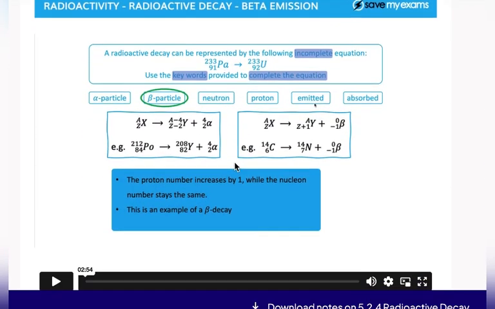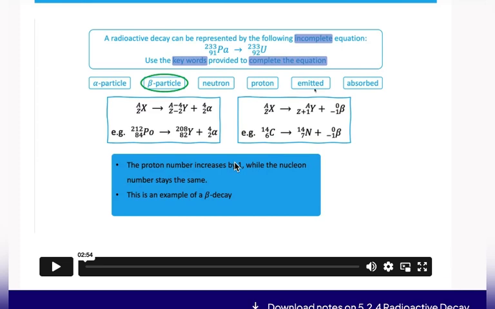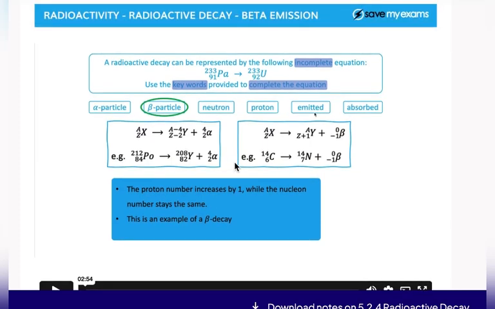Okay, so here is another tutorial for a beta decay question. We can go through it ourselves quickly, or we go through the tutorial, whichever is okay. A radioactive decay can be represented by the following incomplete equation. 233 decays to 233, 91 decays to 92.